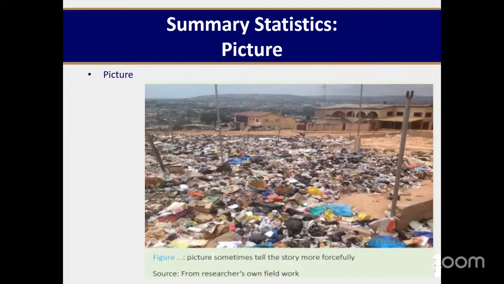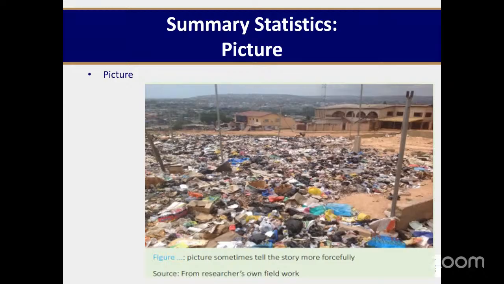At this stage, my advice to my students is that if you go out there to collect data from the public, and you do have the opportunity, with the consent of the study participants, take pictures of you doing the work.